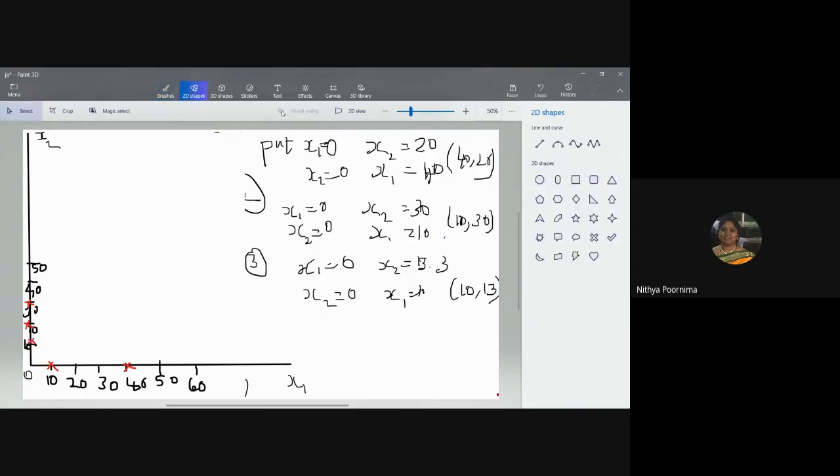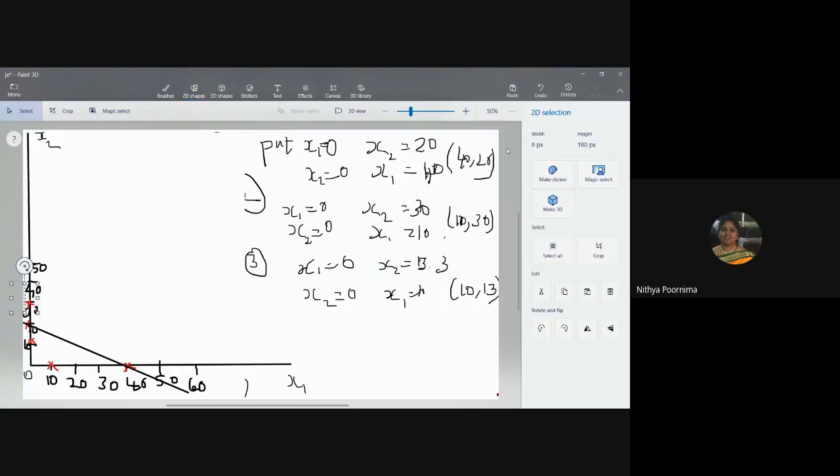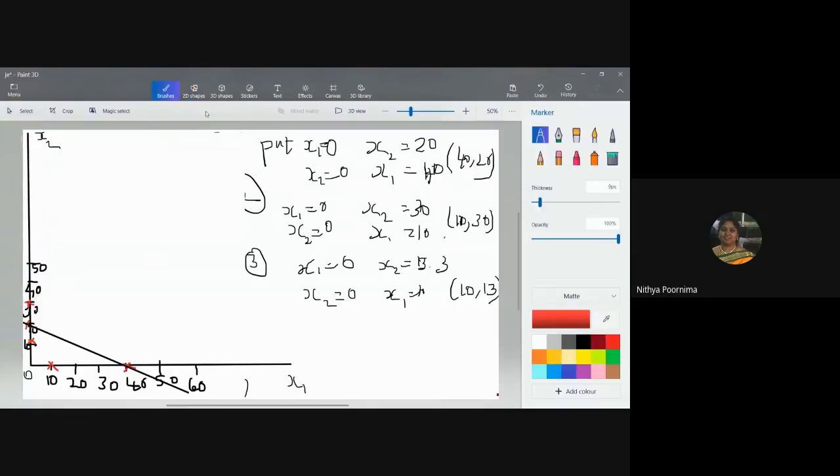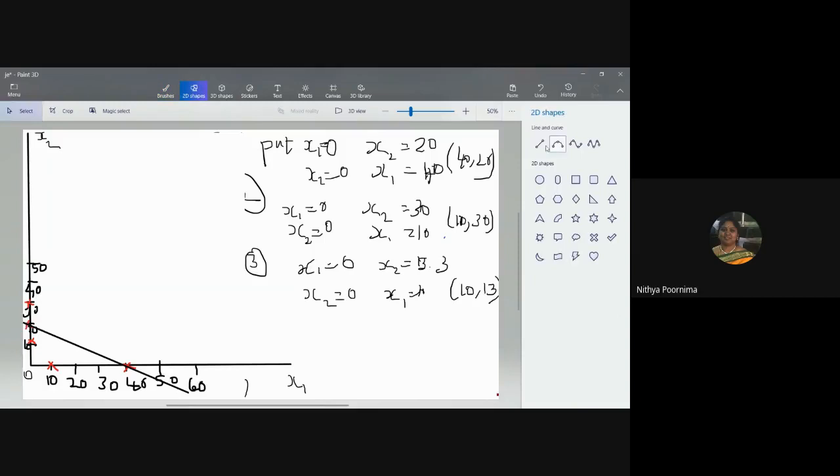So I'll join. First one is 40, 20. So 40, 20 is here. So I'm going to draw like this. Okay. So for the next one will be 10, 30. My next equation will be 30 and 10.